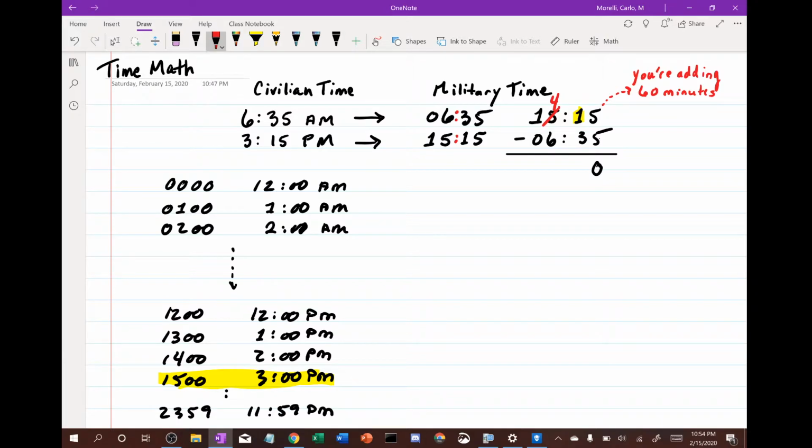So 15 plus 60 equals 75. And so this 1 becomes a 7. And now you got 7 minus 3 is 4. Keep writing in that red color. 7 minus 3 is 4. And now you got 14 minus 6 is 8. So you worked 8 hours and 40 minutes.